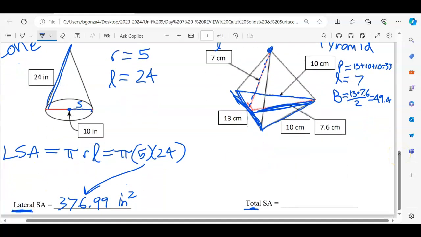All right, so remember, we're doing total. So TSA equals PL over 2 plus big B. So P, which is 33, times the L, which is 7, over 2, plus big B, which is 49.4.